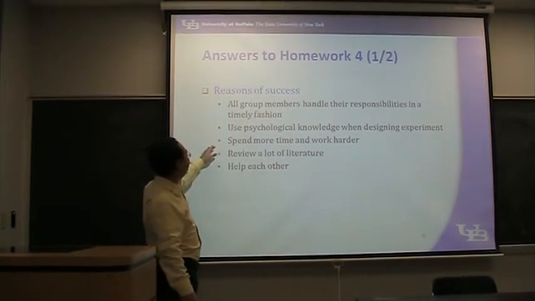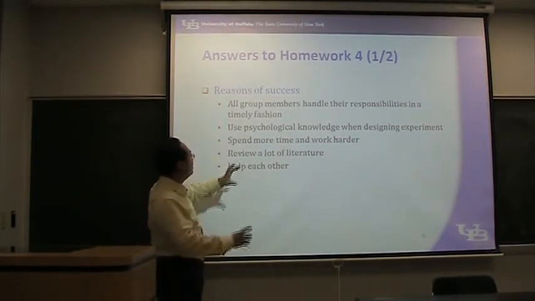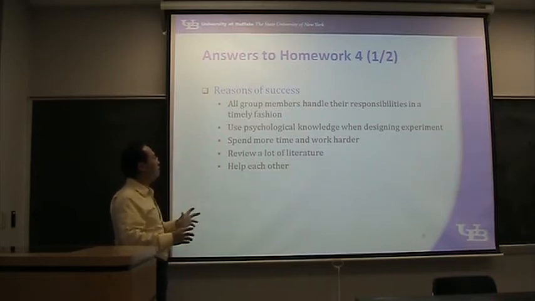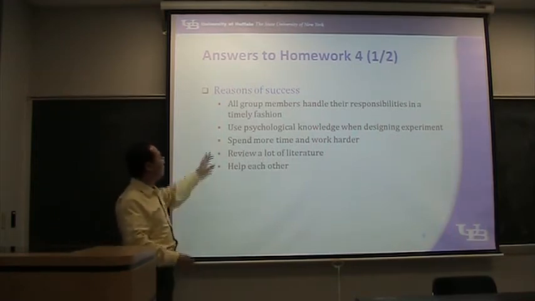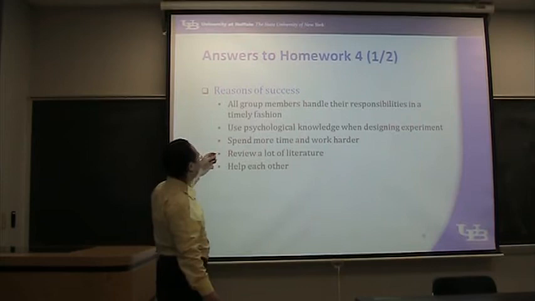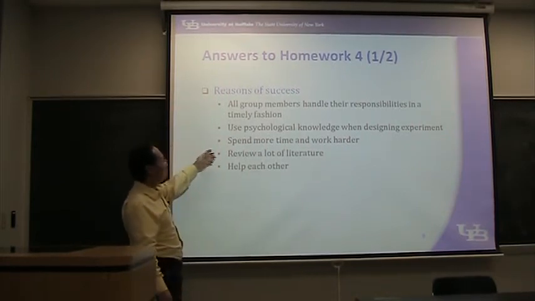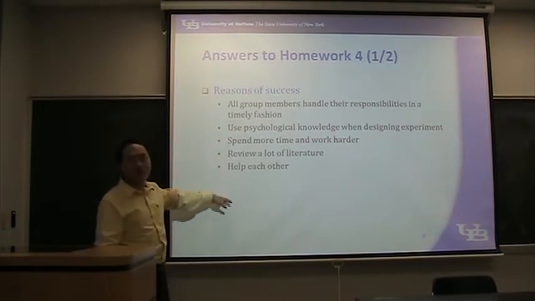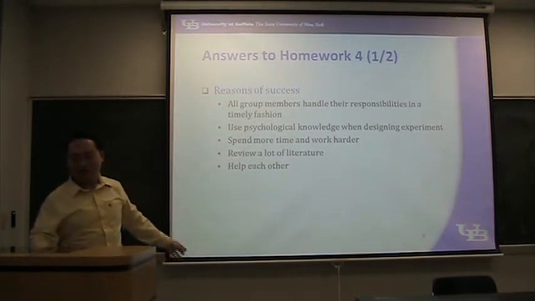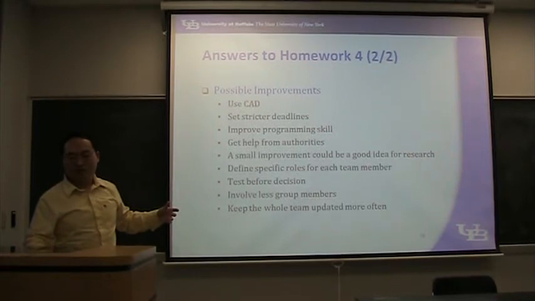That's good. The second thing is when they were designing the experiment, they used psychological knowledge, so the participants will follow the experiment and spend more time and work harder, review a lot of literature and help each other. These are the reasons for success I summarize.